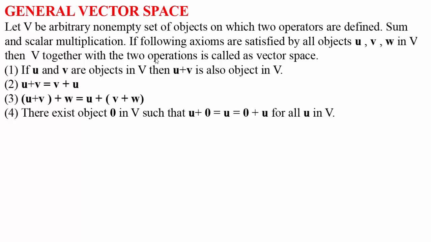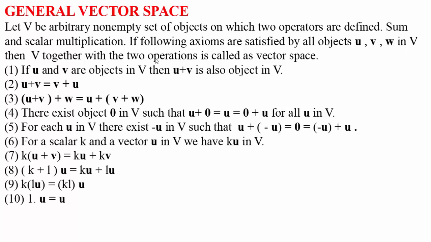Fourth axiom, there exists an object 0 in the set V such that u plus 0 equal to u, and 0 plus u is also u for all u in the set V. That is, u plus 0 equal to u equal to 0 plus u for all u in set V. Fifth axiom, for each u in set V, there exists minus u in set V such that u plus (minus u) becomes 0.